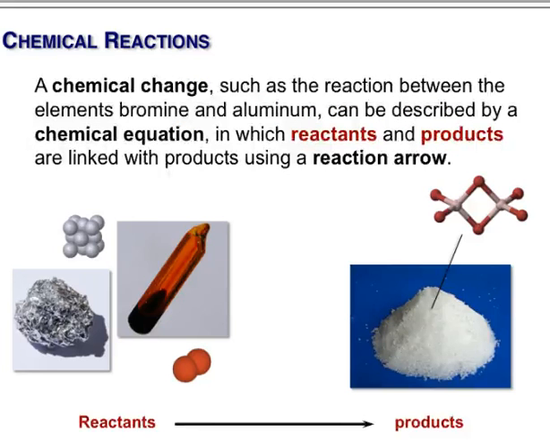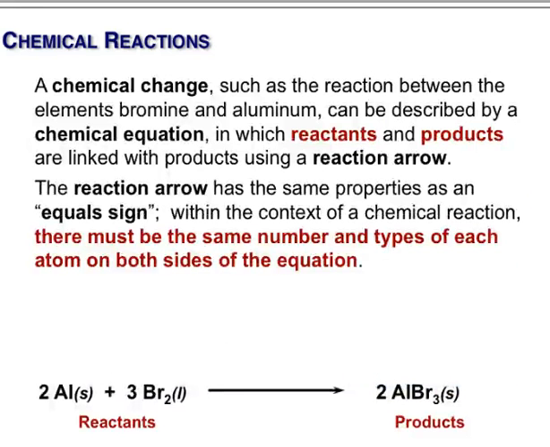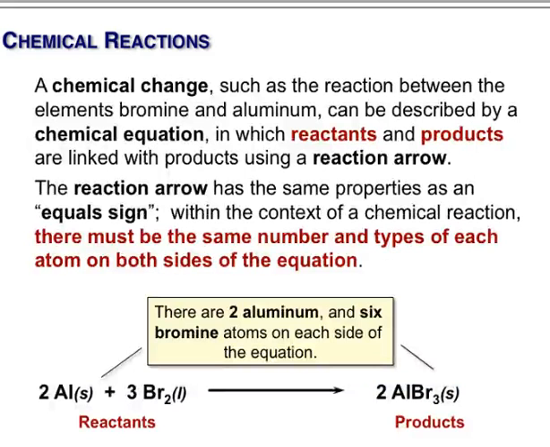When we have a chemical change occurring in chemistry, we can write a chemical equation describing that chemical change. Typically, we will put reactants on one side, we will use an arrow, and then we put the products on the other. Now, the arrow in a chemical equation like this is a special kind of arrow.